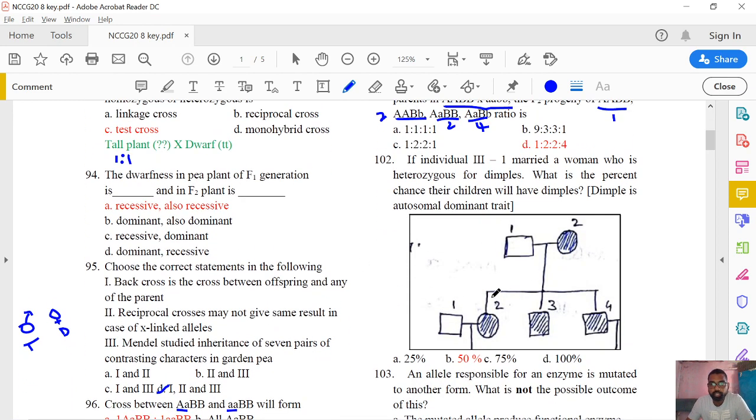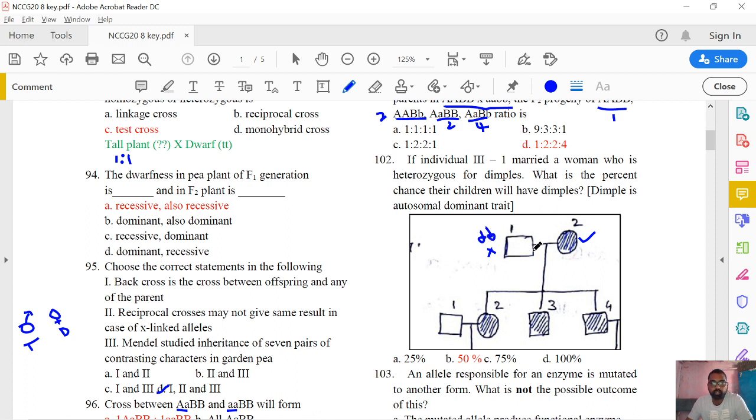So here one pedigree chart is given in the question number 102. This is about dimples in the cheeks, and they are actually autosomal dominant. So here the clue is autosomal dominant. When the character is autosomal dominant and here it is expressed, here it is not expressed, which means this must be, I am taking D for the dimples here, compulsorily homozygous recessive.